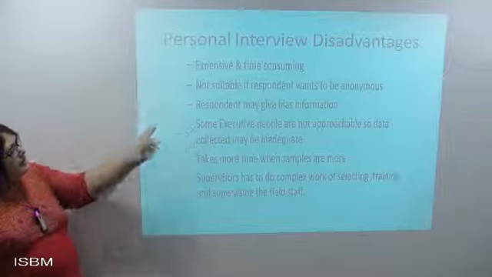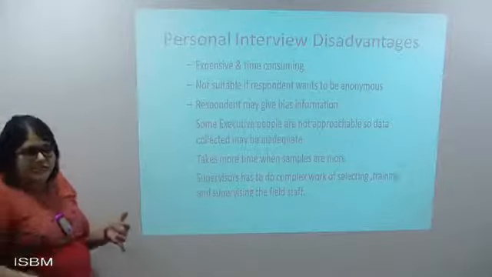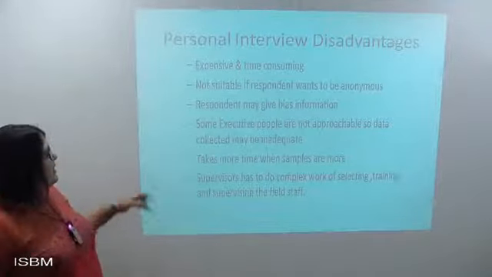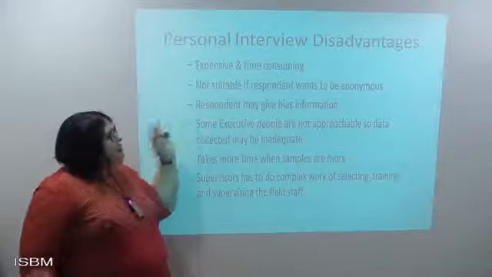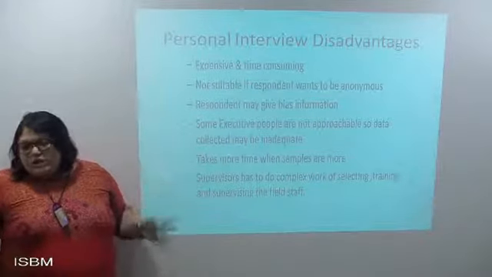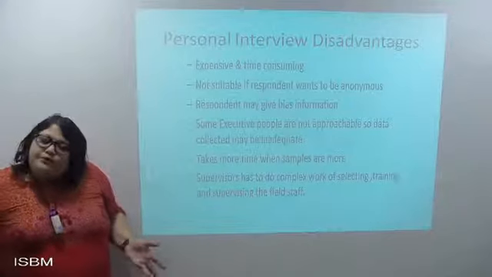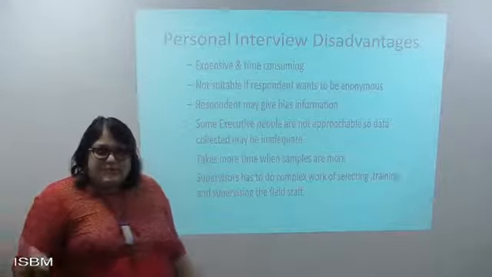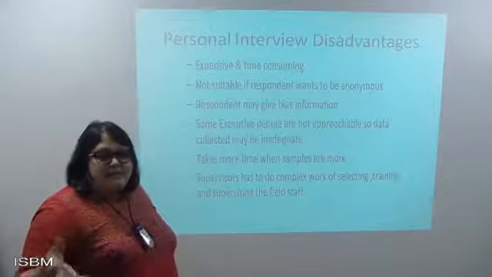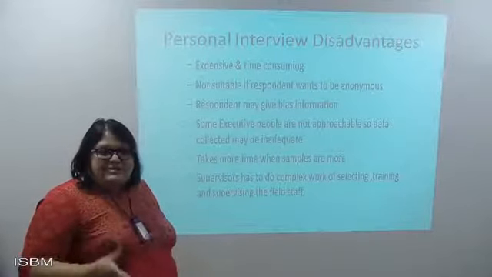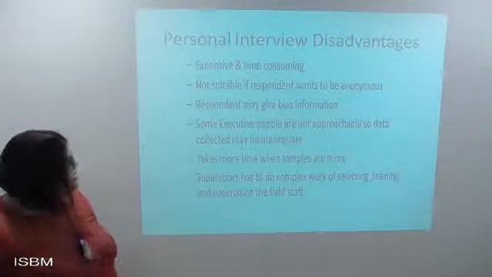So what is happening is he's not able to say. Why? Because his job might be at stake. So the respondent may give biased information. The junior engineer might say, no, we are using good quality materials. We are using the entire resource which has been allocated by the government for this project.